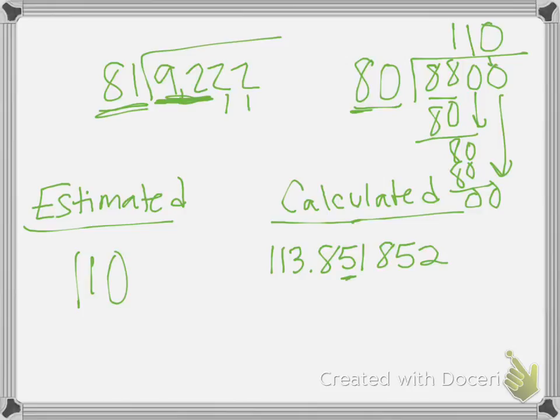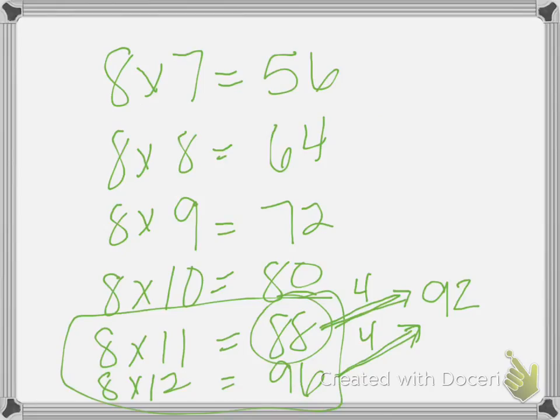So we need to look at the thousandth spot, which is here. Does that one make the 5 go up or stay the same? It makes it stay the same because it does not round it up. So our calculated answer would be 113.85.